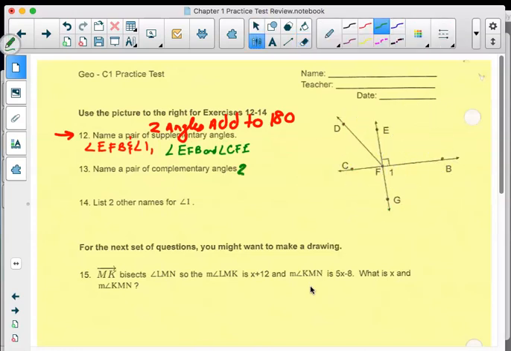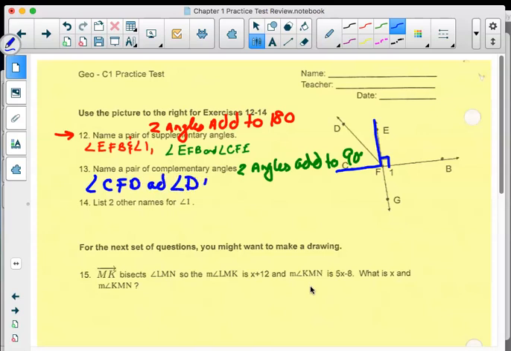Complementary angles are two angles that add to 90. Well, that's going to be pretty nice since this is a right angle. I know this is also 90 degrees. So right off the bat, I know angle CFD and angle DFE are complementary angles.